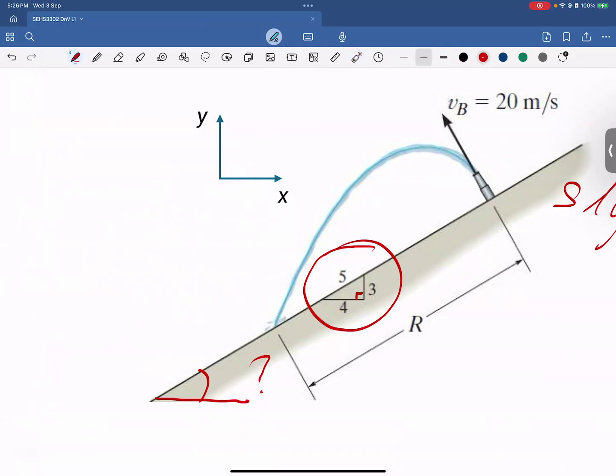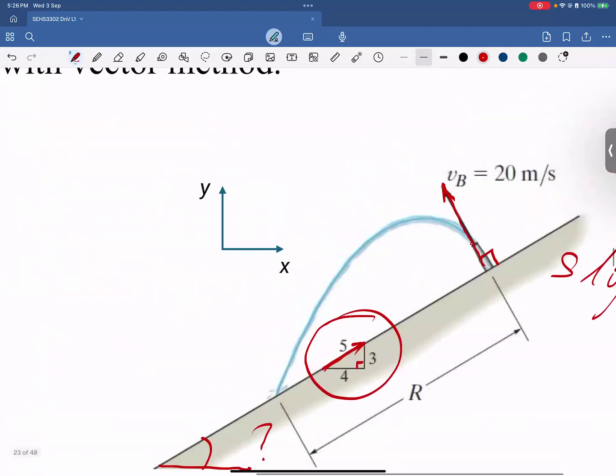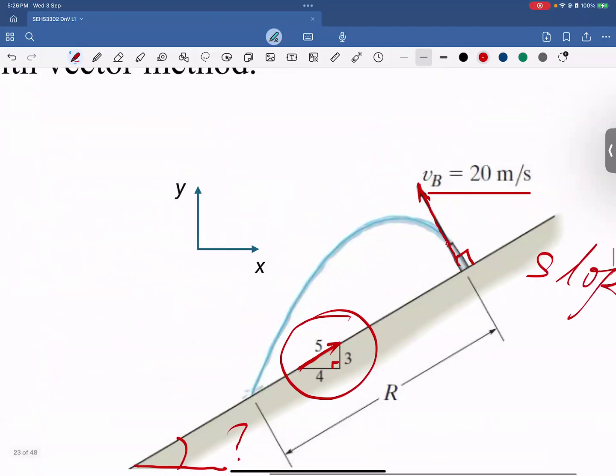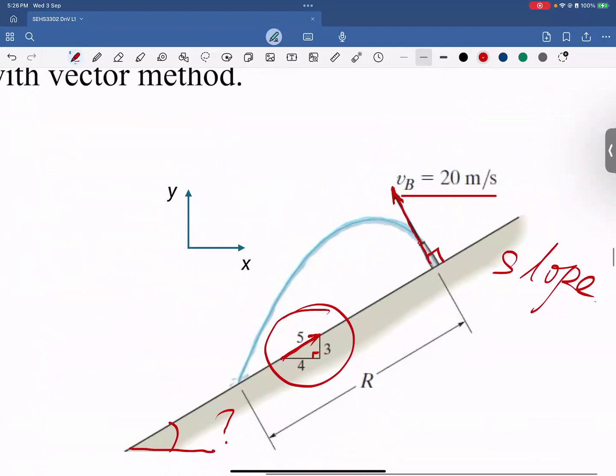If you want a unit vector here, what we need at last is a unit vector perpendicular to this one, right? And along this slope, we have a unit vector here, right? But what we want is a vector perpendicular to this one, because we need to point out VB. We need to point out VB.